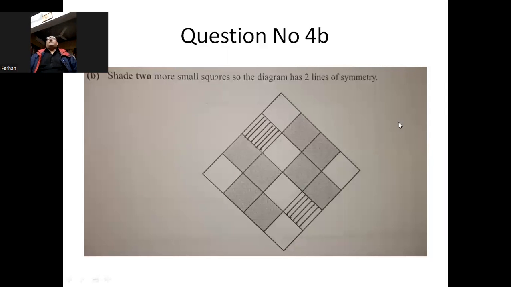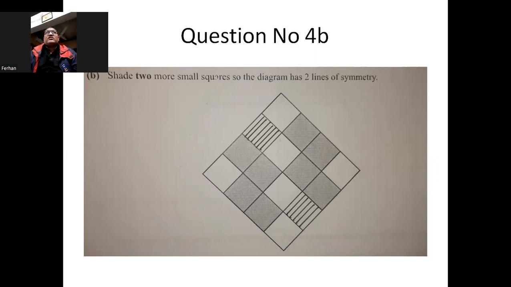So here we go. This is one of the lines of symmetry. A line of symmetry is a line which divides the diagram into 2 equal parts and exactly same diagrams. When you fold them along that line of symmetry, the shaded should match on the shaded, and the white portion should match on the white portion.